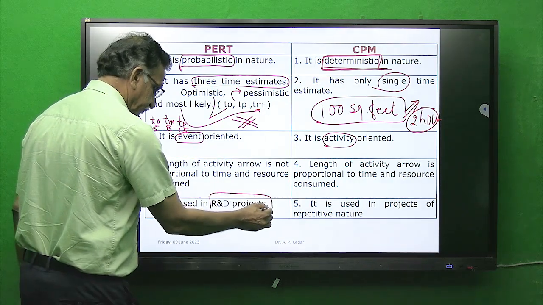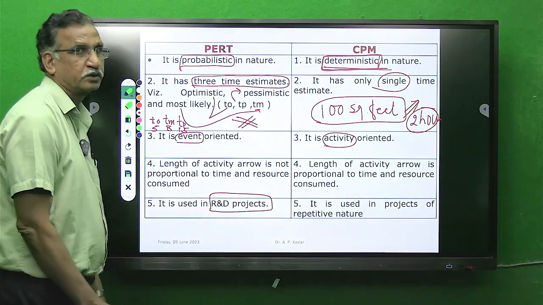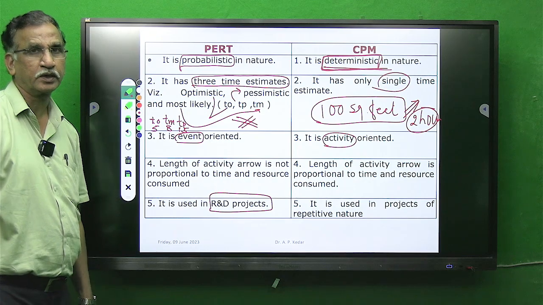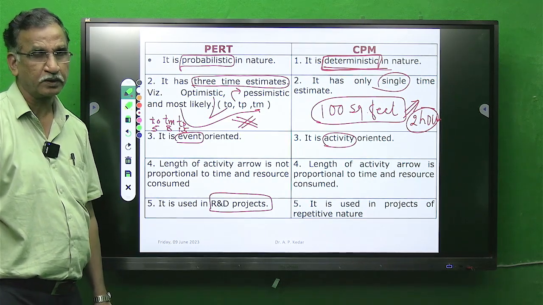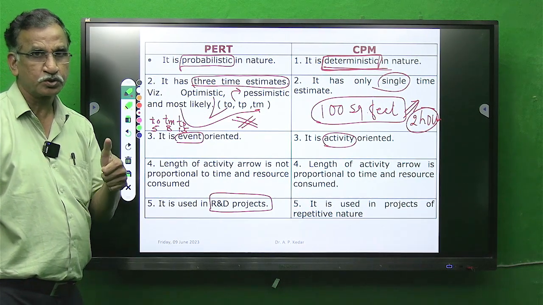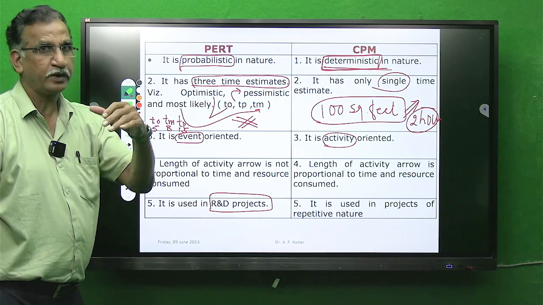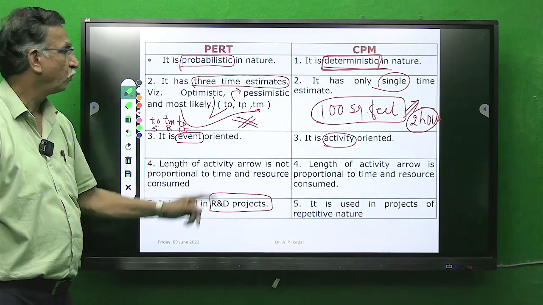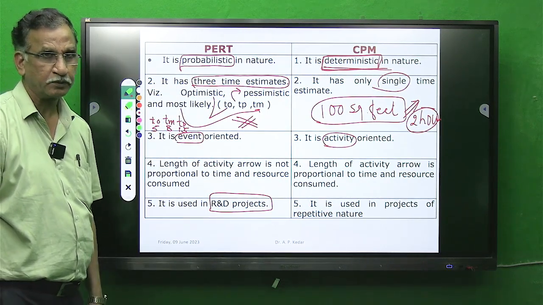Very important: the projects which belong to the category of research and development, where you are not sure about when the end will occur, prefer PERT.